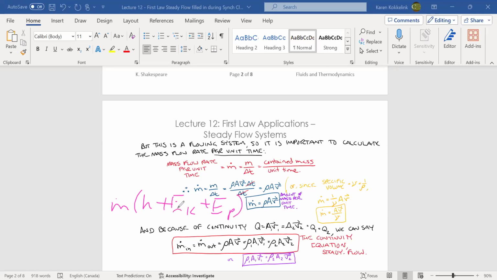So now you have an opportunity to do mass flow as rho AV if you have some velocities and areas in the problem, instead of using kinetic energy, potential energy, and enthalpy. So that's how this relates to the first law, energy balance.